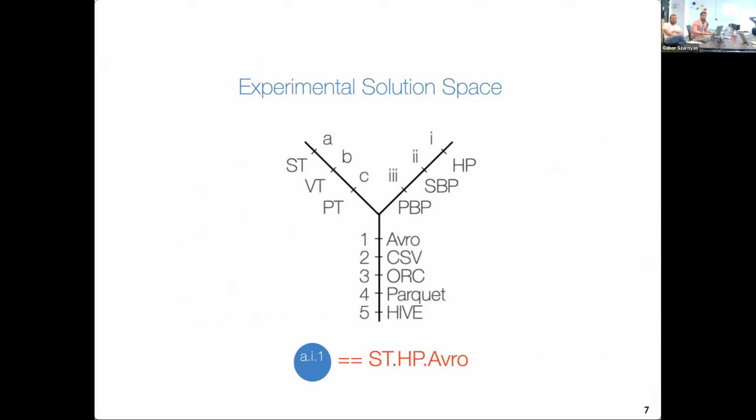So all in all, with these three dimensions, we have 45 configuration combinations. And if we pick one of these instances, for example, the first one in the legend, this means that we have a particular schema, ST, horizontally partitioned and stored using Avro, right?